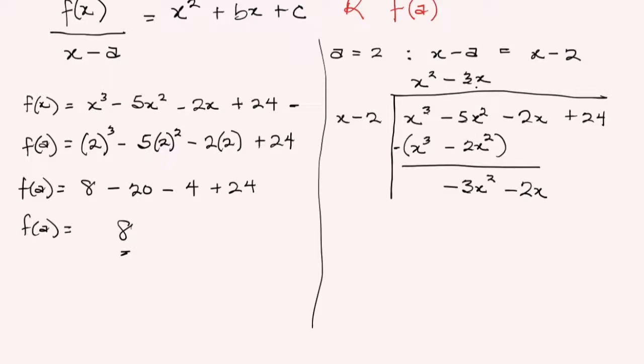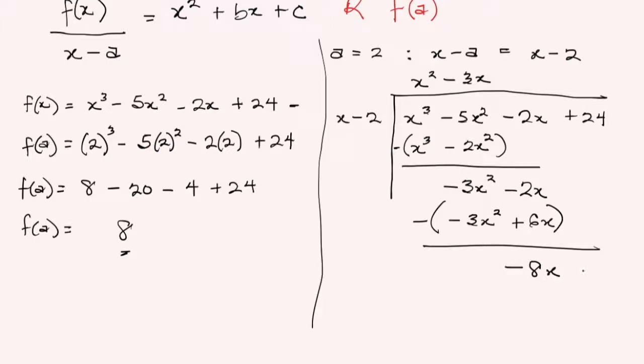So minus 3x multiplied by x is equal to minus 3x squared. And minus 3x multiplied by minus 2 is equal to plus 6x. So minus 3x squared plus 3x squared cancels out itself. And minus 2x minus 6x results in minus 8x.